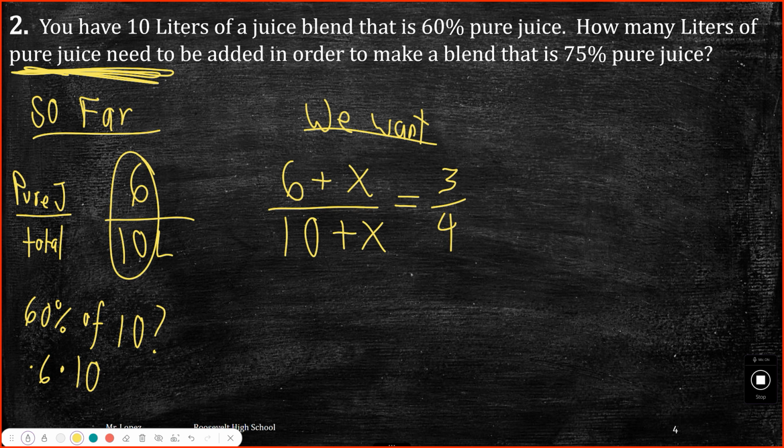Cross multiply and get an answer, let's go. I'm going to do this quickly. 3 times 10 is 30. 3 times x is 3x. 4 times 6 is 24. 4 times x is 4x.